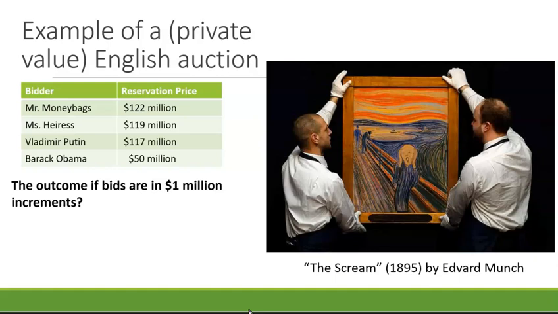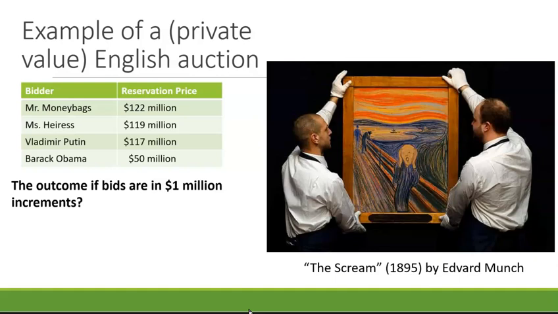So in other words, if somebody bids $100 million for this painting, nobody is going to be allowed to say $100,010,010. That's not worth their time. So let's suppose that we've got increments of $1 million.